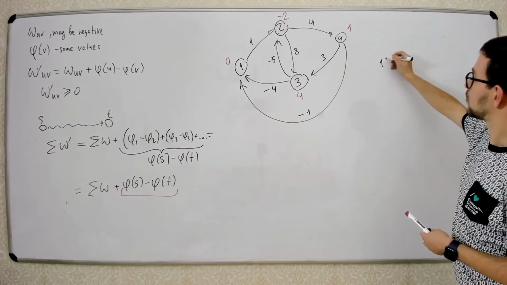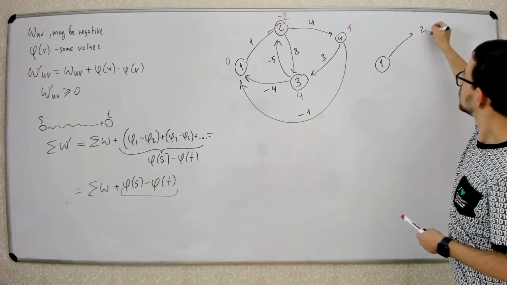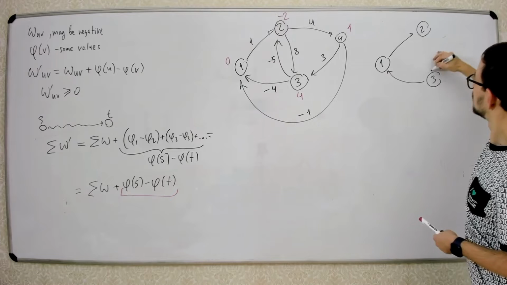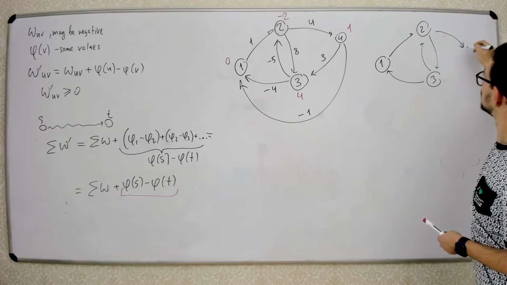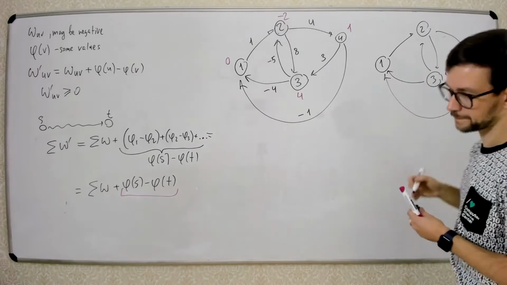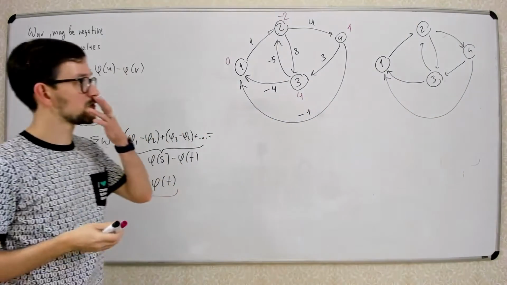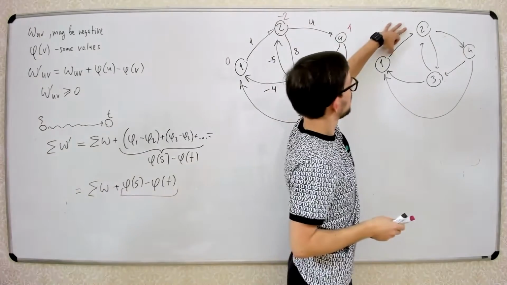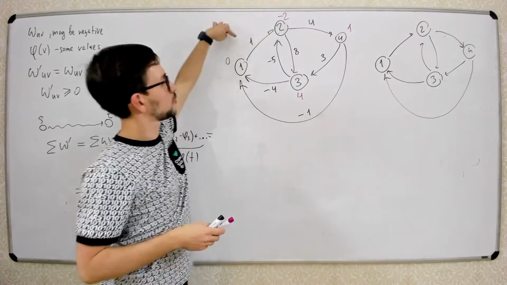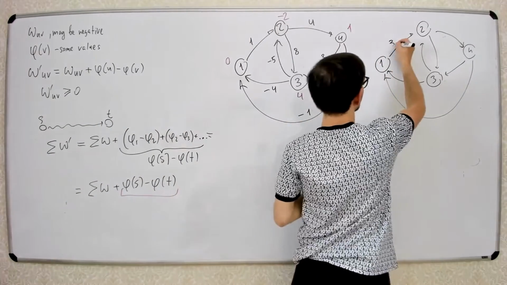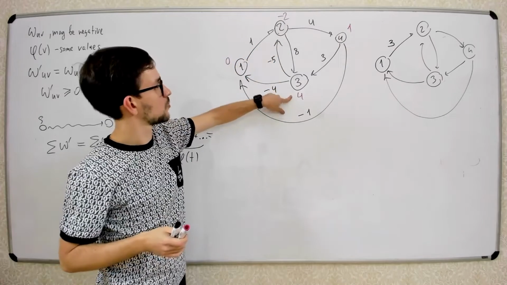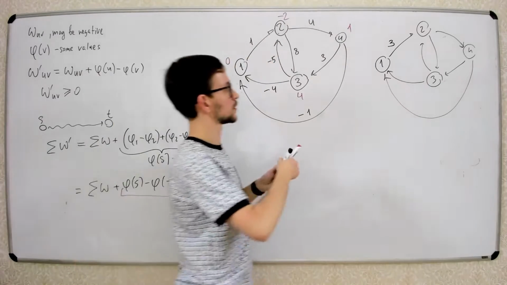So we will update the graph the following way. What will be the modified weights? For this edge, the weight will be 1 plus 0 minus minus 2, so it will be 3. For this edge, it will be minus 5 plus 4 minus minus 2, so it will be 1.